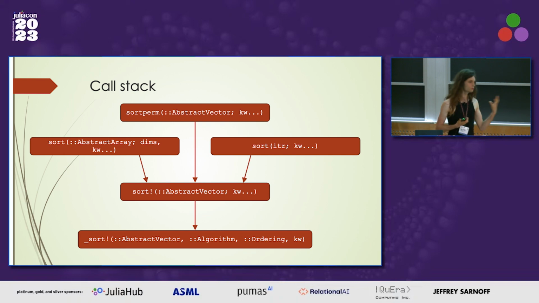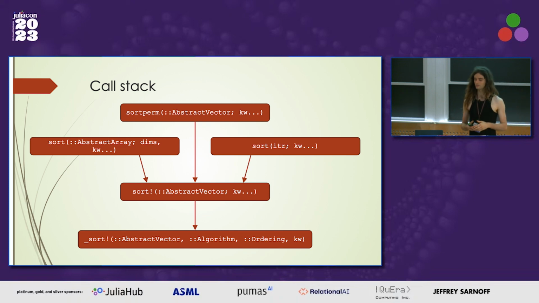When you call a sorting function, whether that's partial sort, sort, sort bang, or partial sort perm bang, whatever it is, and whatever input types, it gets reduced to sort bang and sorting an abstract vector. So if you want to sort an array that's multidimensional, we sort a bunch of vectors.